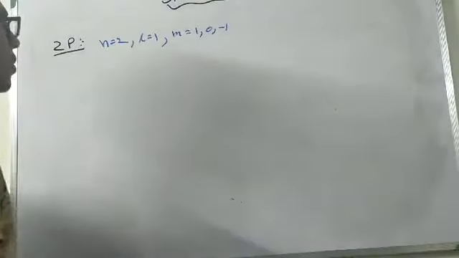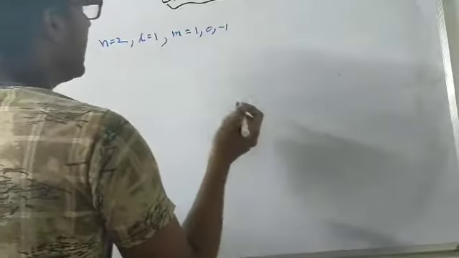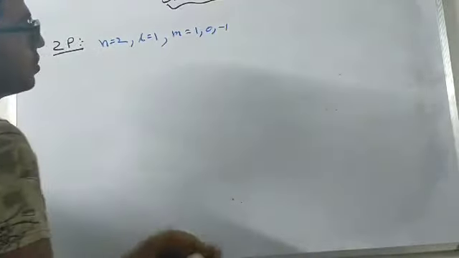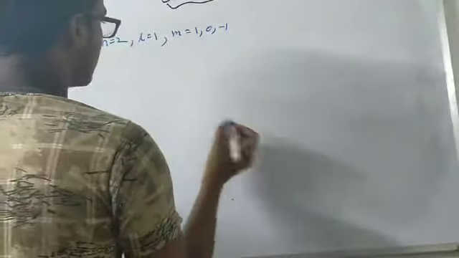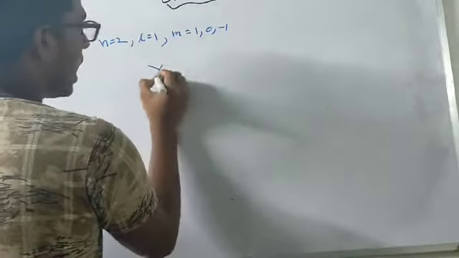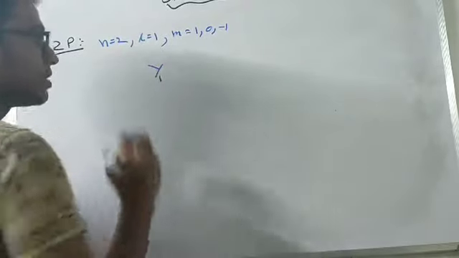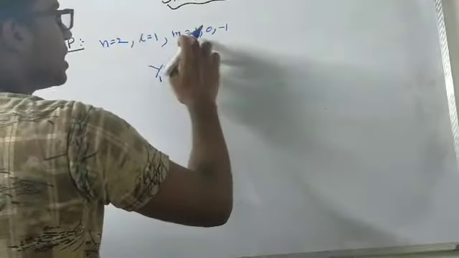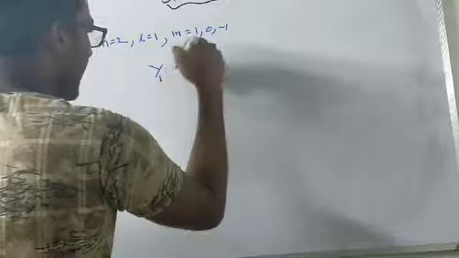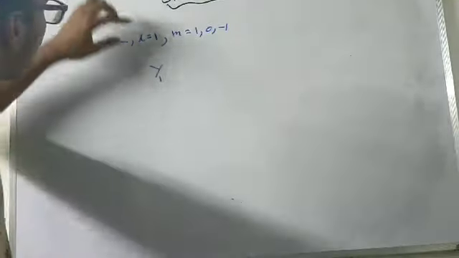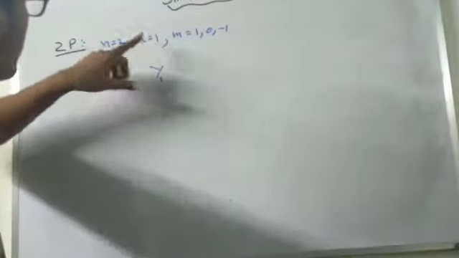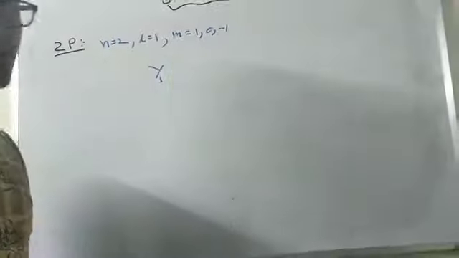So if I want to write the angular wave function, I can write Y. Here the value of l equals 1, but corresponding to l equals 1 there are 3 m values, so I can write 3 angular wave functions.